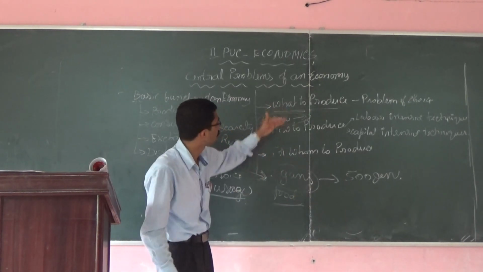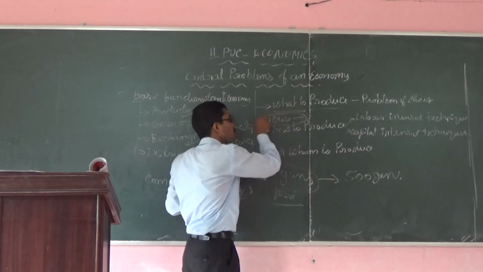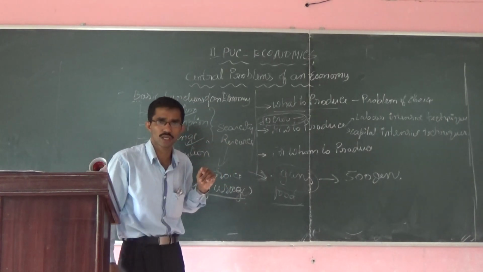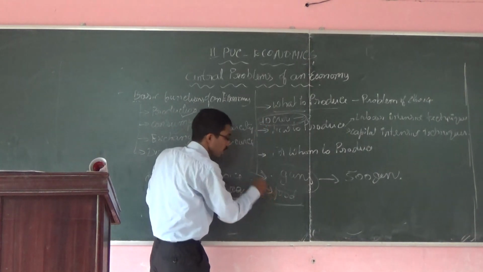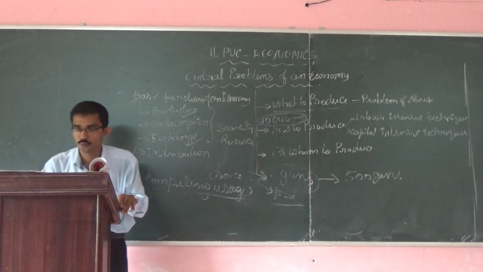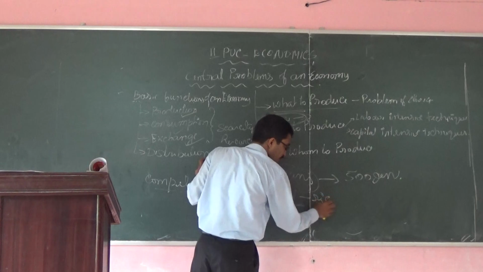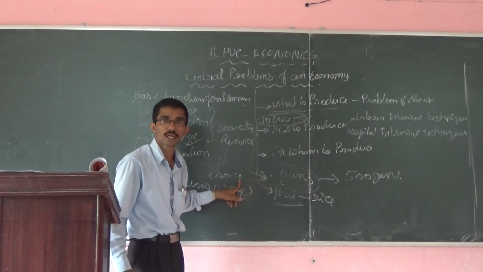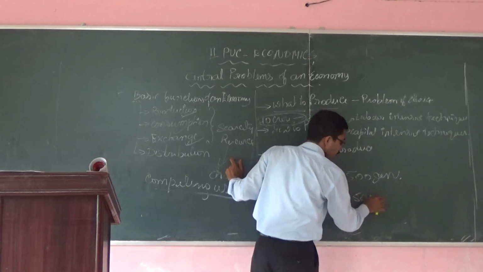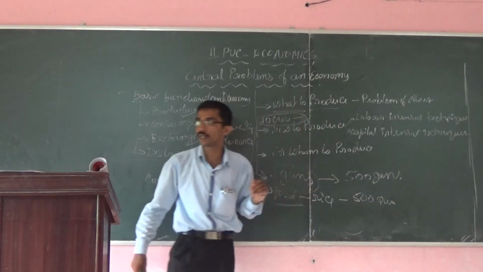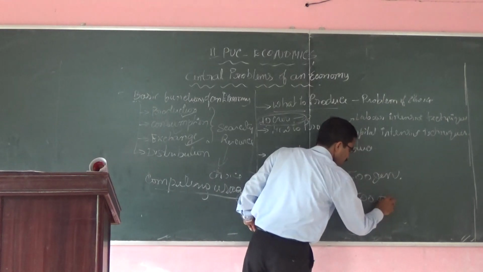Or the same 10 crores of natural resources can be used for food production, like rice. That rice production is 500 quintals, or for example 500 tons.